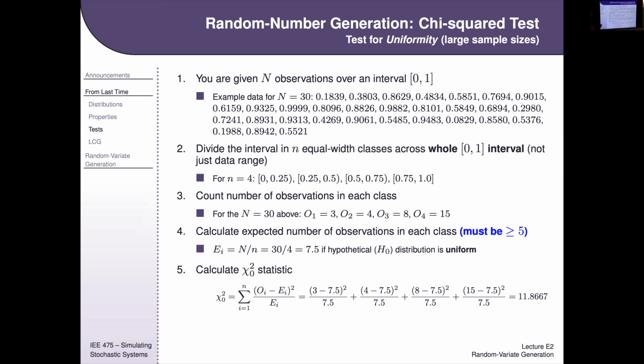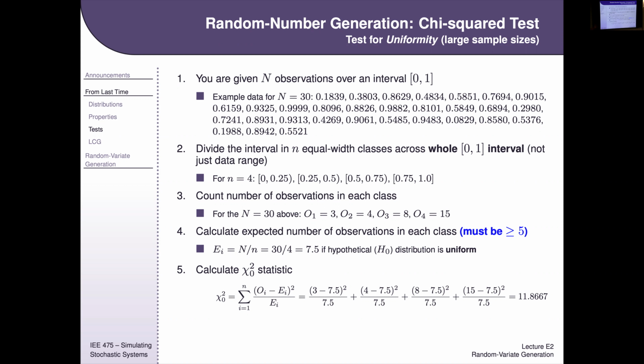The basic idea here is if I give you a bunch of numbers, I will give you a number of subintervals that you'll divide the unit interval from 0 to 1 into, equal bins, and you count how many of the numbers I gave you went into each bin. Then you ask yourself, how many would I expect to go into each bin if things were uniformly distributed?